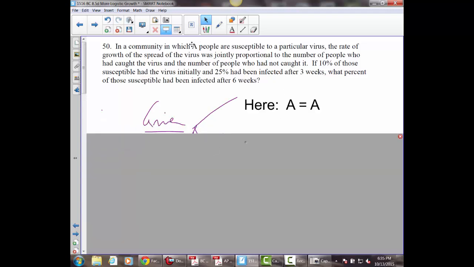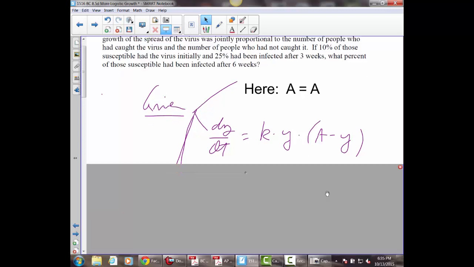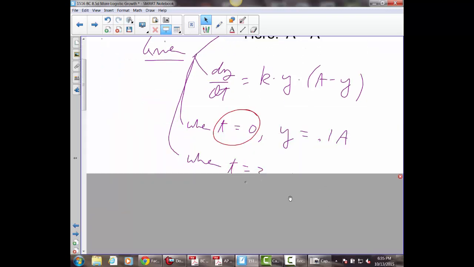Okay, unfortunately here they can't pick a number, so we're stuck with A is A. We know by these words that the rate of growth is jointly proportional to the number of people who caught it and the number of people who have not. We know that's dy/dt equals ky times (a minus y).